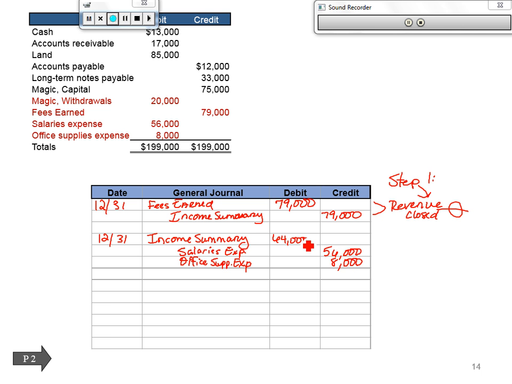So now we can honestly say expenses are closed, right? They equal 0.